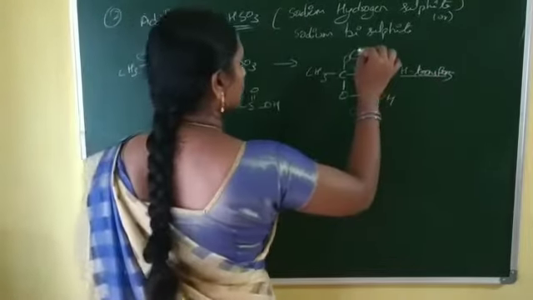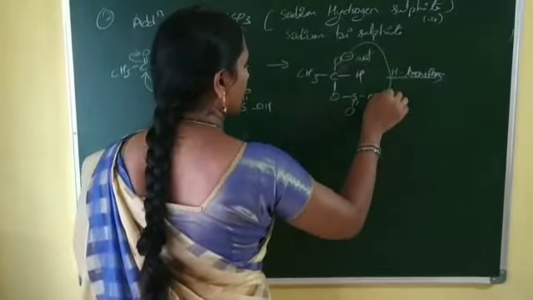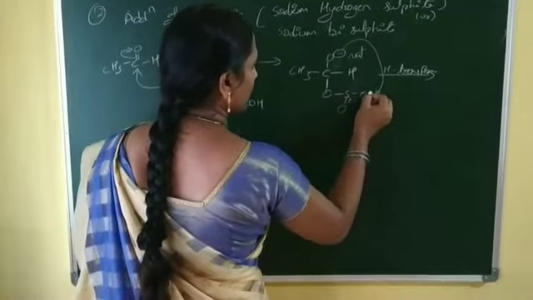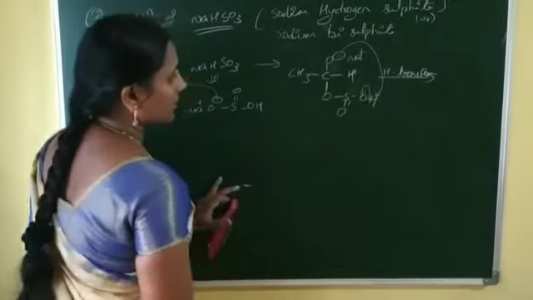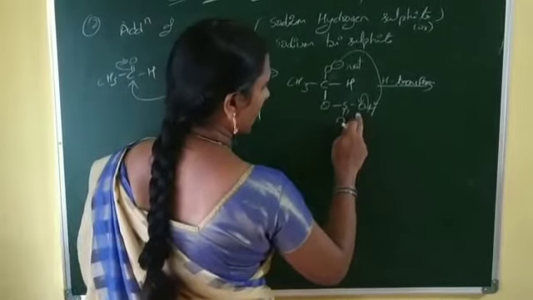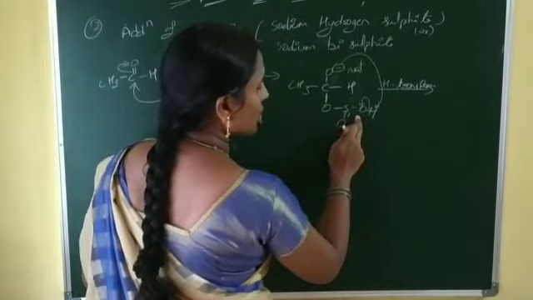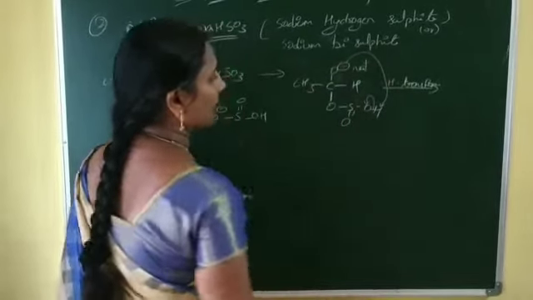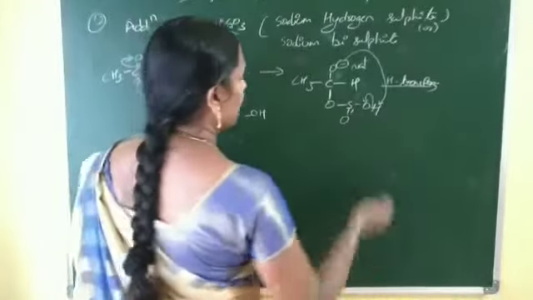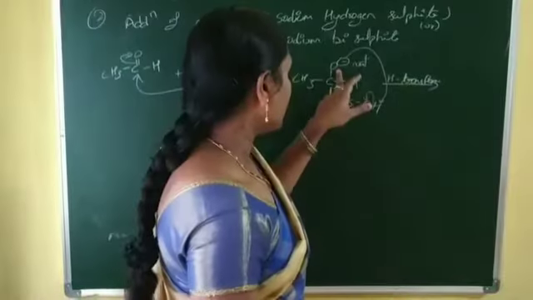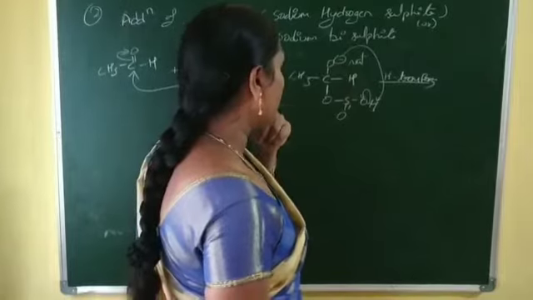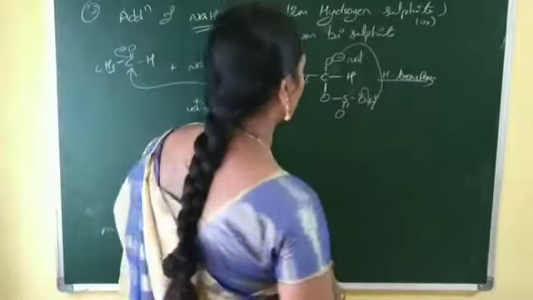Now this oxyanion abstracts this hydrogen, and immediately this bond shifts to the oxygen side. Now you have this oxygen with a negative charge. This negative charge is partially bonded with Na plus. The O minus is less stable compared to the sulfite ion.